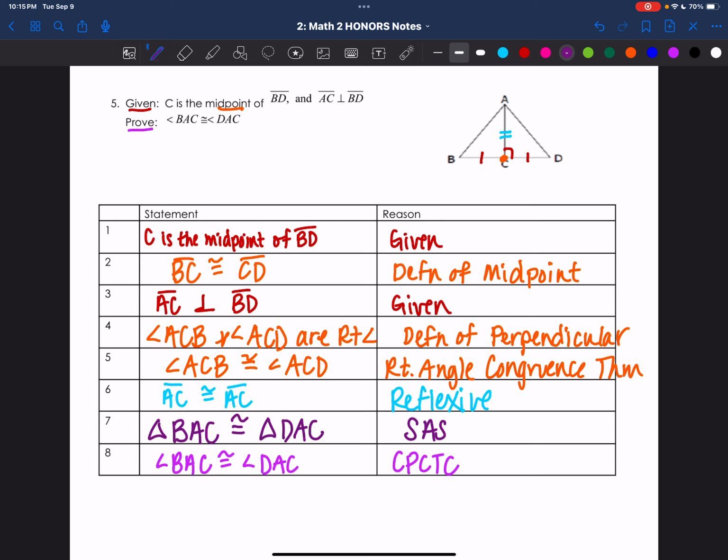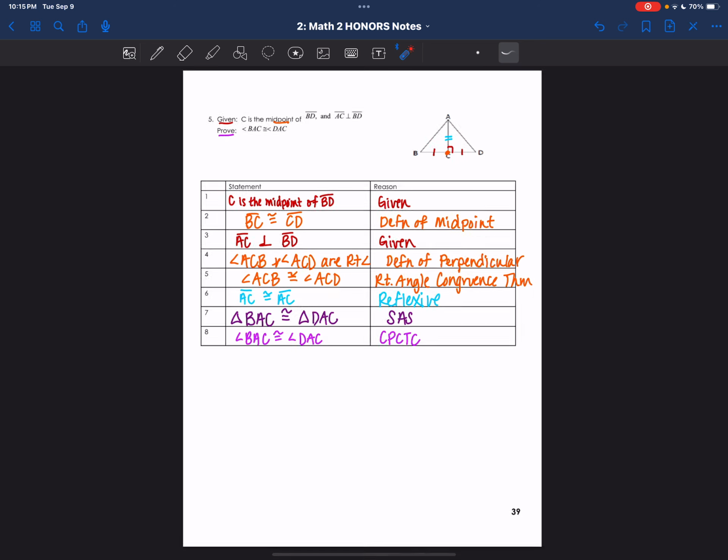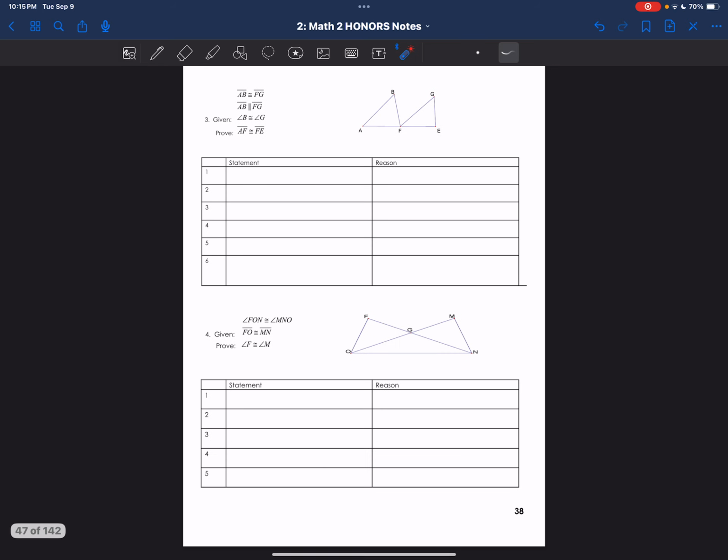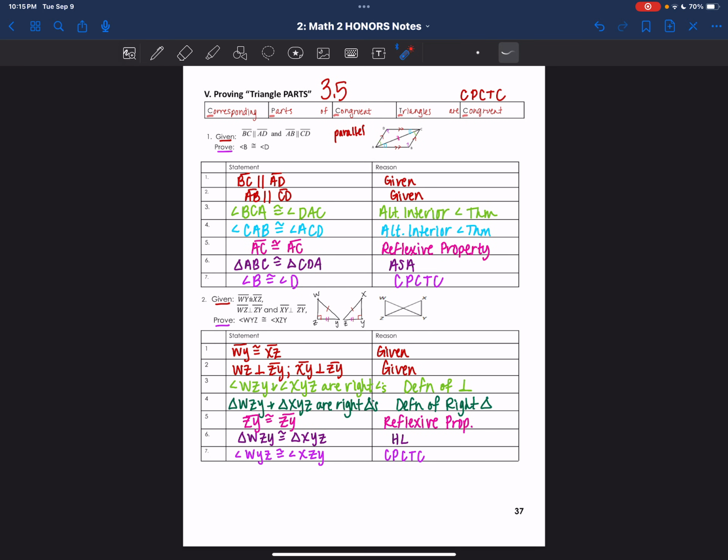And the reason why I know this is because I have a side, I have an angle, and I have a side. Now that we've done all of that, we have proved, since these triangles are congruent, we know that those angles are also congruent. All right, so just remember, corresponding parts of congruent triangles are congruent. And that's the shortcut for it.